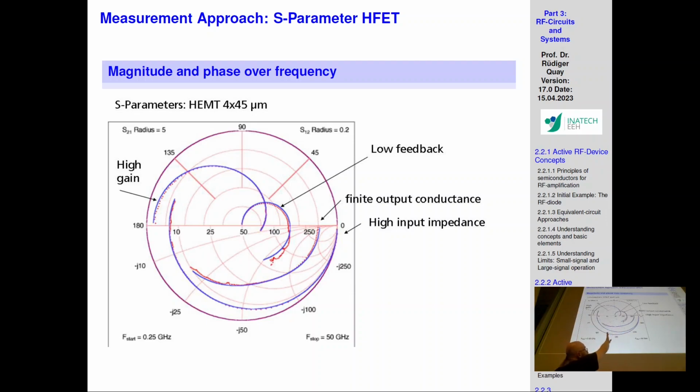We can see that the output impedance is finite at some point, doesn't go to short circuit, as the frequency increases. Here it is drawn kind of not intuitively, because the start of the frequency is to the right, and then the stop is to the right. It means that we move from 25 megahertz to 250 megahertz to 50 gigahertz.